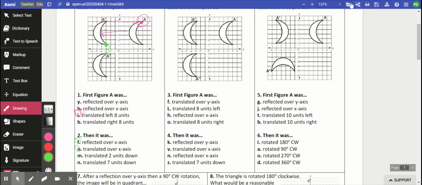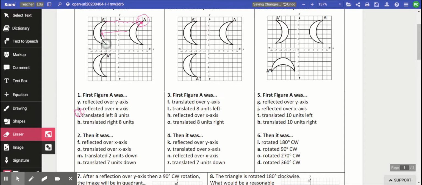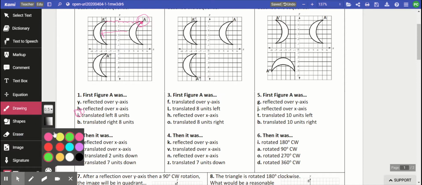Let me go back and undo this. I think my undo is not there, so I'm going to erase again. Use the eraser. I'm actually going to erase these options for now. And then let's see. I'm going to look at N. Translate 7 units down. So again, they're giving us specific units to use.